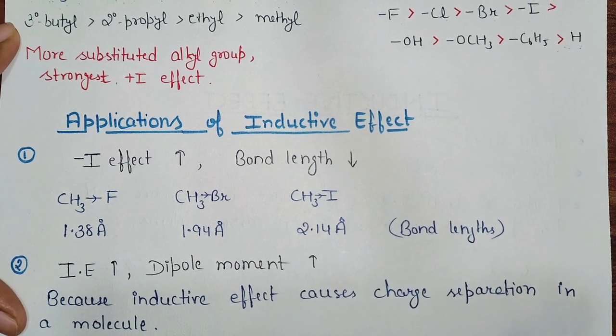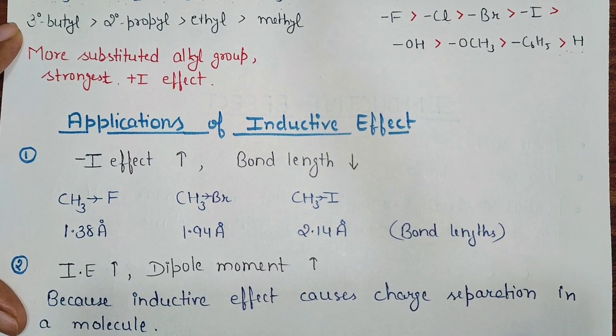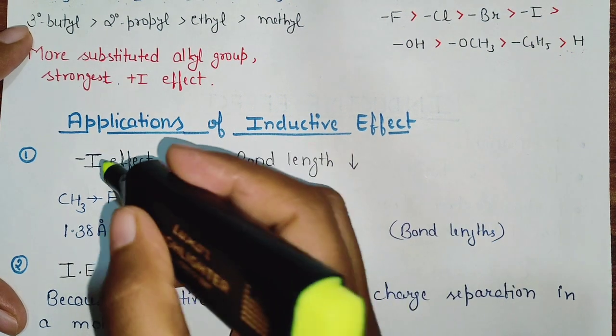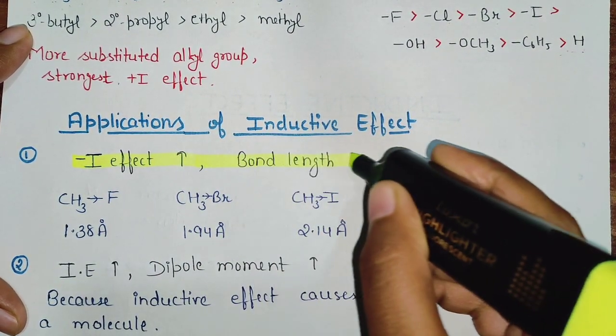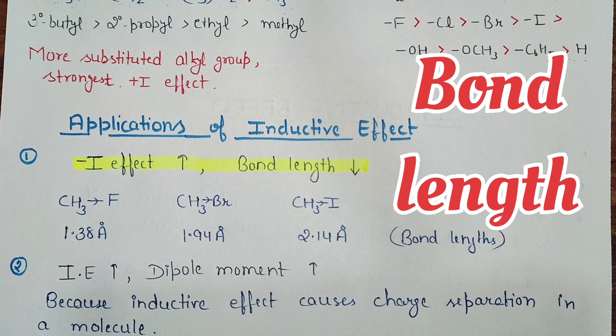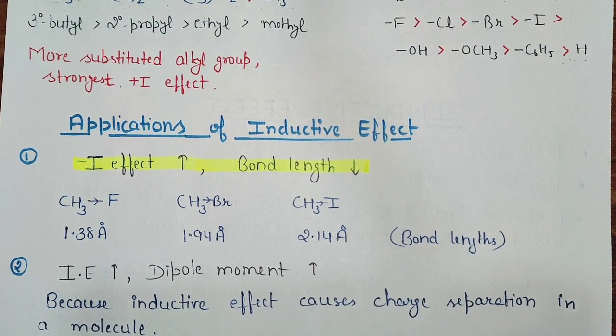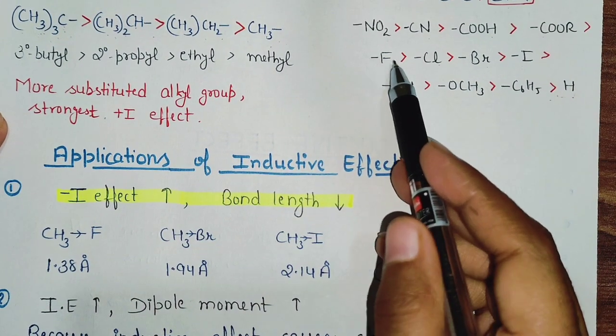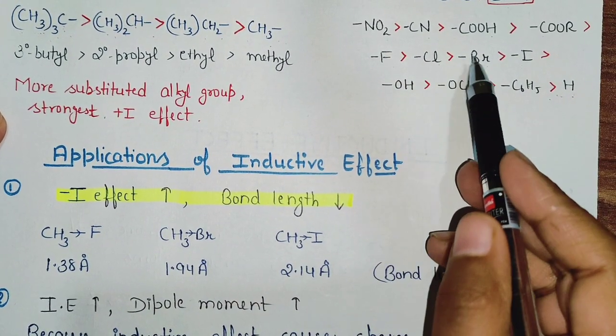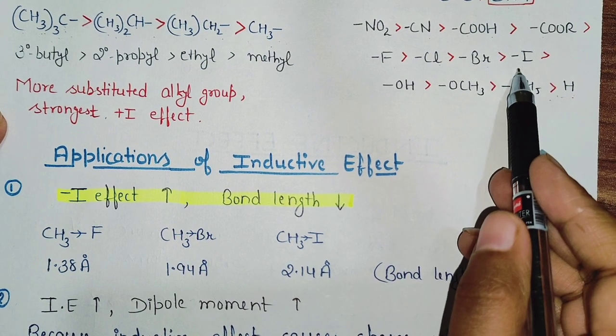First of all, let us know about some facts. If minus I effect increases, then bond length decreases. As we have studied in this series, fluorine has the maximum minus I effect as compared to chlorine, bromine, and iodine.